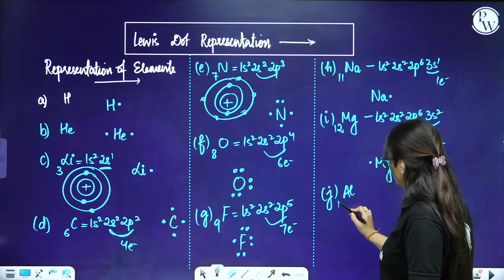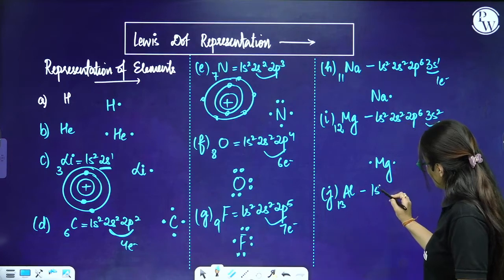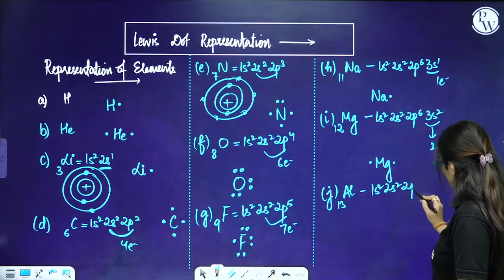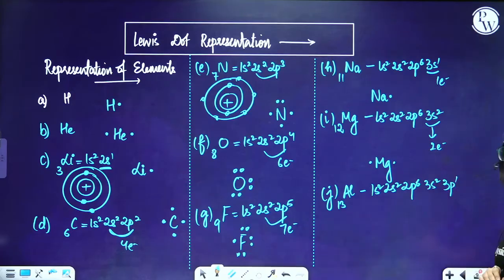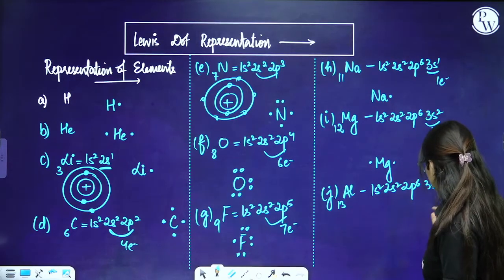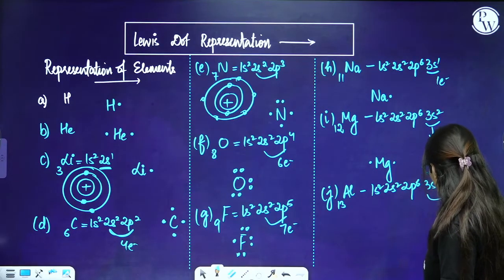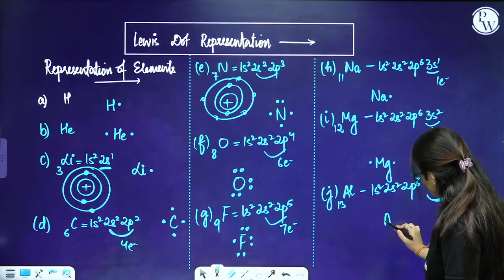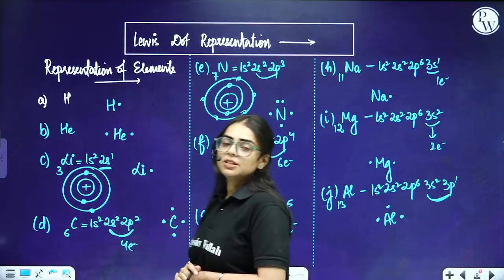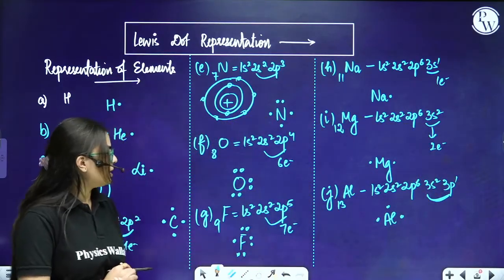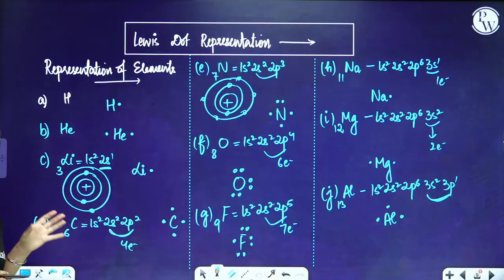Aluminium has atomic number 13: 1s2, 2s2, 2p6, 3s2, 3p1. Simple, no? Now see, how many electrons in the valence shell? 3. Clear? By this way you represent elements. This is the Lewis dot representation of elements.